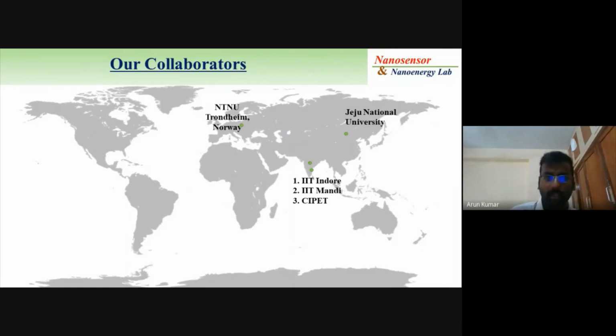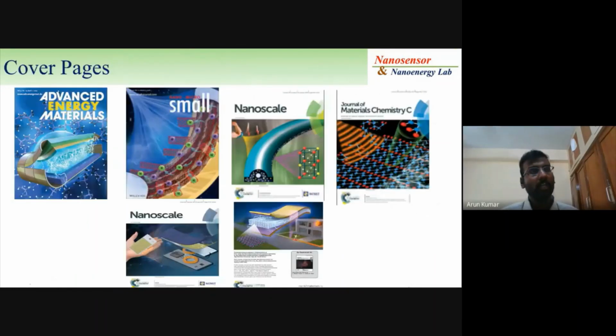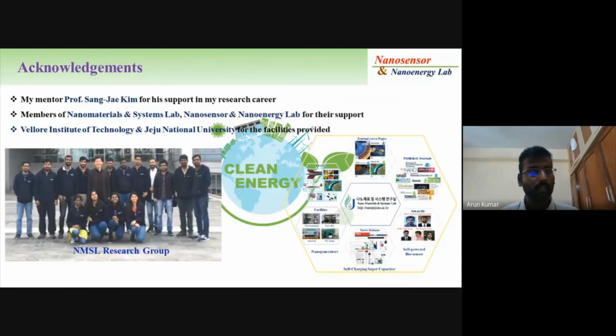And these are my collaborators from Norway, JJ National University, and we have some from Singapore and also from China. I didn't mention them here. The main collaborators we have are IIT Indore, Mandi, and CIPET Bhubaneswar. And these are a few cover pages which we published in the last 2 years. I would like to acknowledge my professor, Professor Kim Sang Jae, where I did my PhD and postdoc, and this was my group there in Jeju.